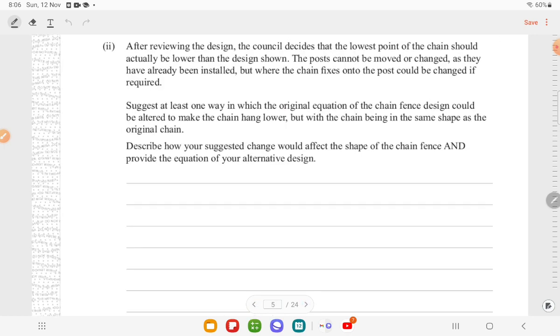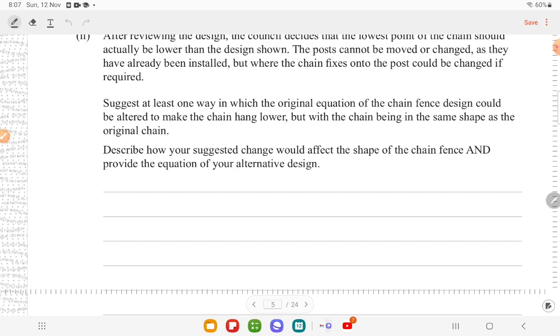Describe at least one way in which the original equation of the chain fence design could be altered to make the chain hang lower, but with the chain being in the same shape as the original chain.